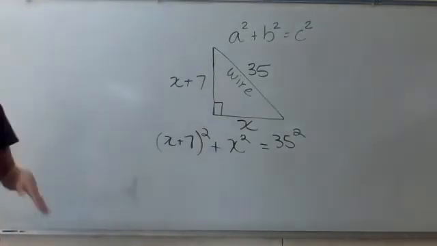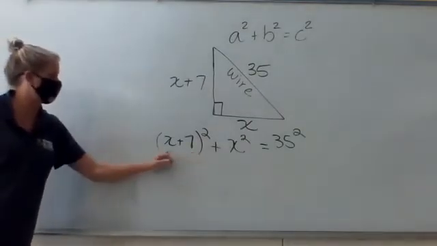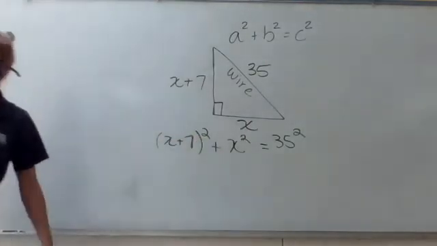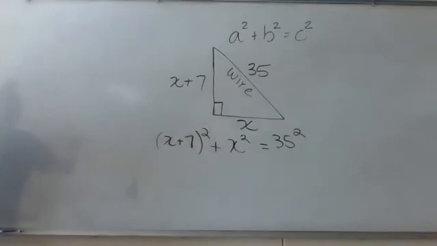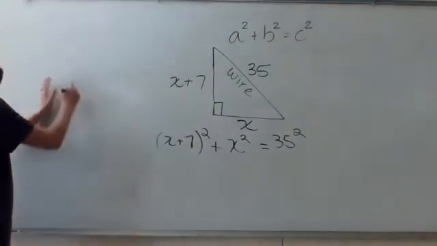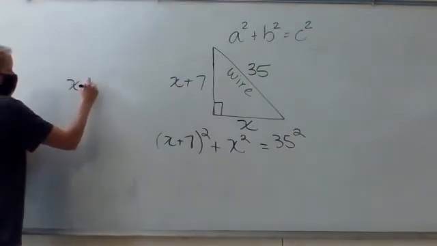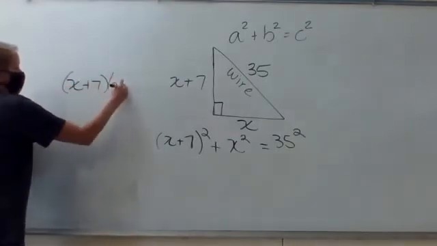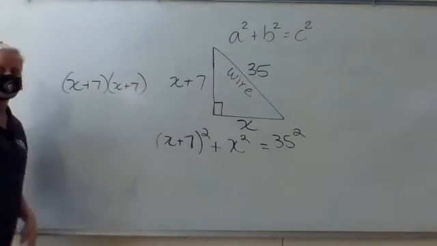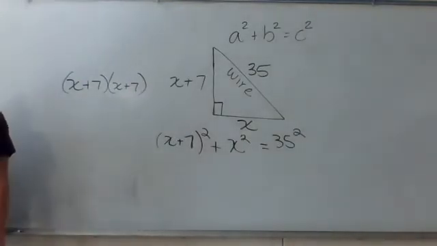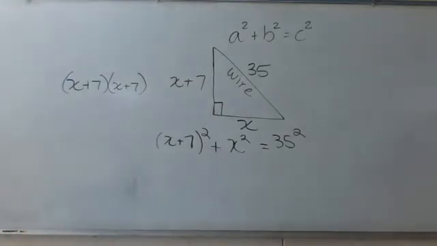So let's work this out. First of all, I need to see X plus 7 squared. Well, if I'm squaring that, X plus 7 times itself, I'm going to do it over here, because look what that means. I'm going to have to FOIL that, right? If I'm doing X plus 7 times itself. So let's see what happens when I FOIL this.